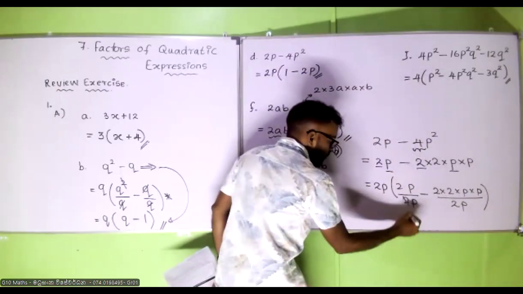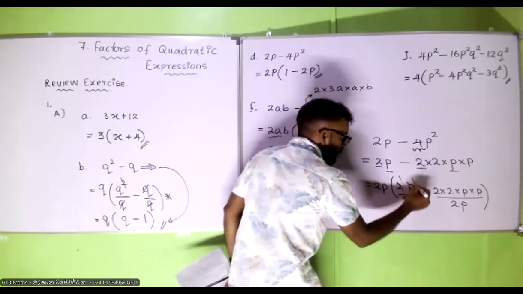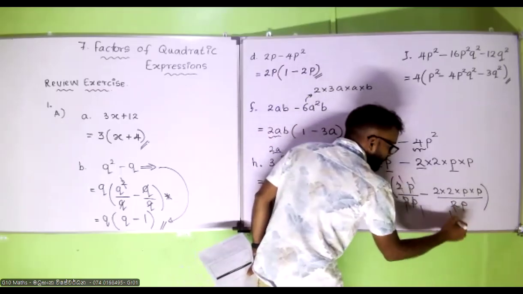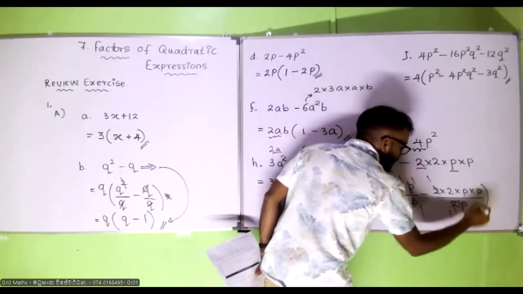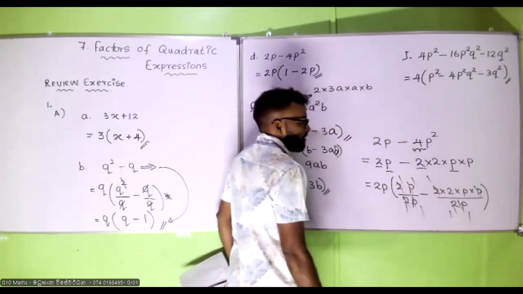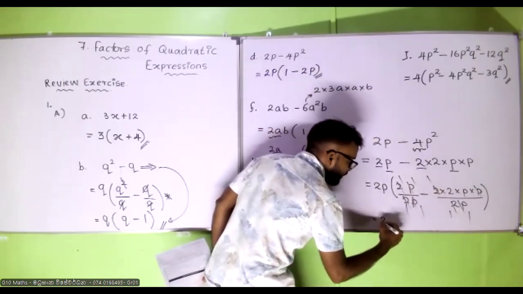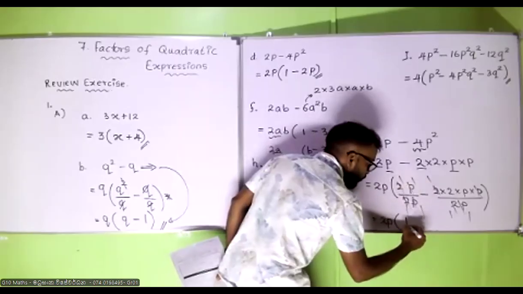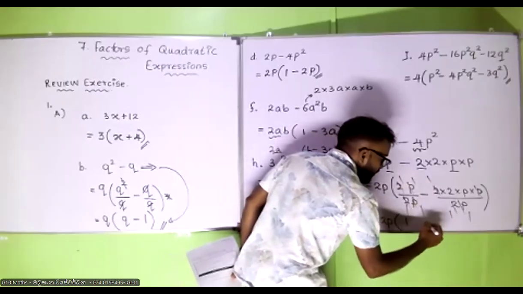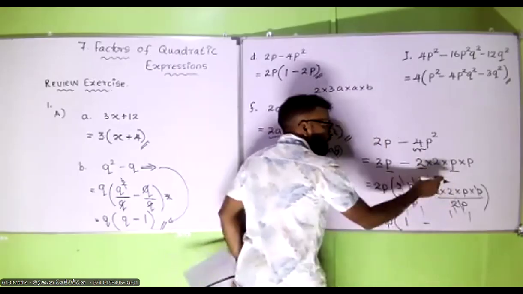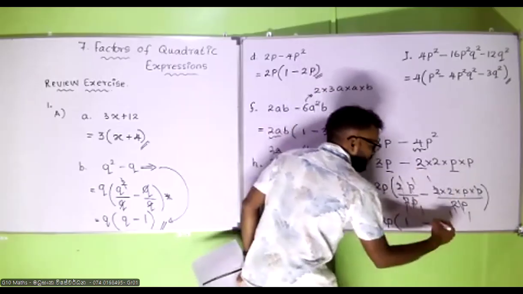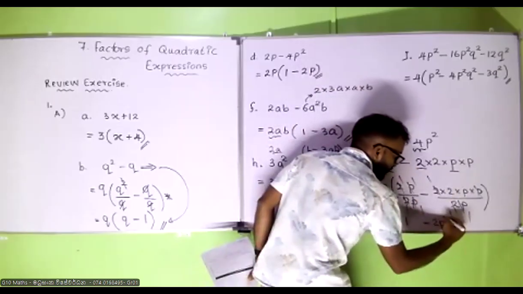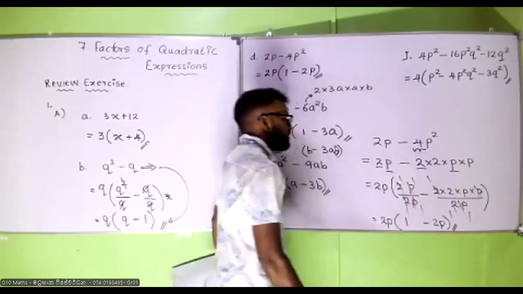So, 2 times 1, p times 1. Done. So the remaining part is 2p, here 1, minus the remaining number and the algebraic term, which is 2p. So this should be your answer.